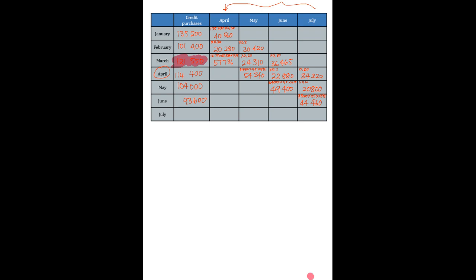So I'm going to use this last column to just total everything. So for the month of April, you'll add up that figure plus that, and that will give you a figure of 118,576.